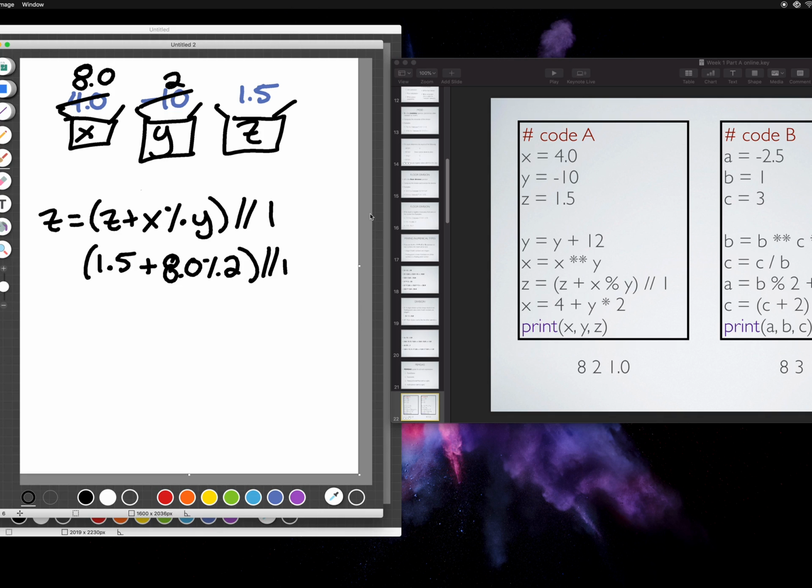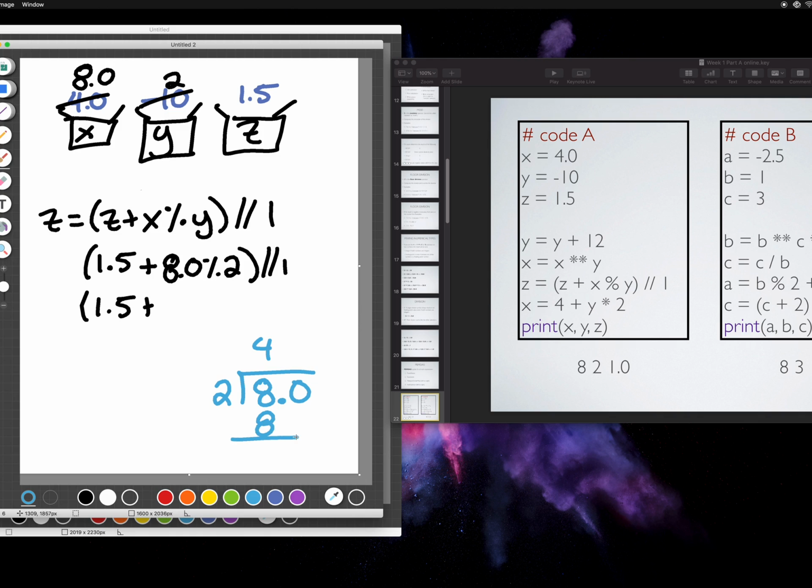So let's look at this 8.0 mod 2. Okay, so again, the rules with mod is you do the long division. Alright, so this is the long division. How many times does 2 go into 8.0? Well, 2 goes into 8 4 times. 2 times 4 is 8, nothing left over.